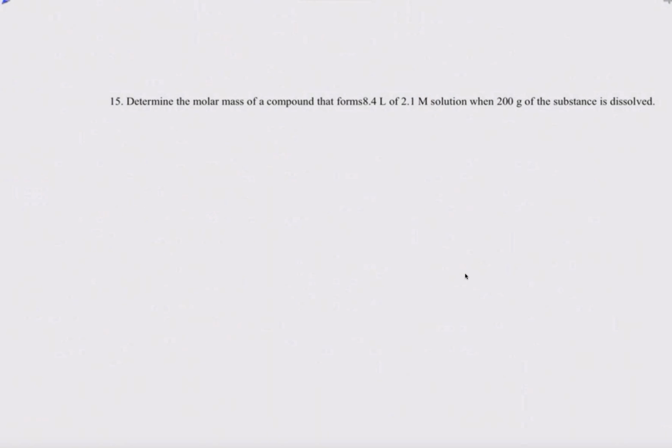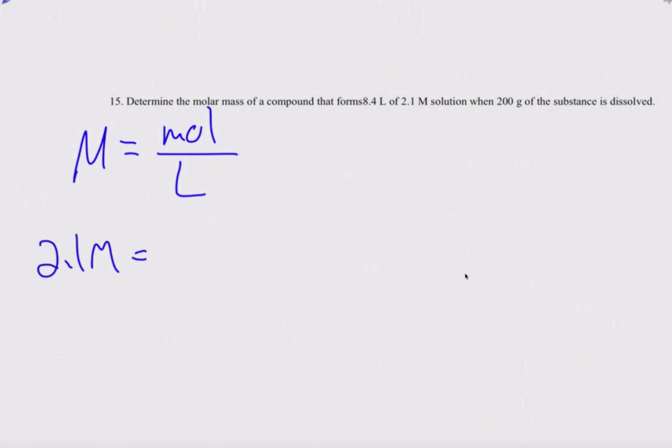Okay, determine the molar mass of a compound that forms 8.4 liters of a 2.1 molar solution when 200 grams of the substance have been dissolved. All right, so molarity equals moles per liter. We're given the molarity, it's 2.1 molar. We're given the liters, it's 8.4 liters.